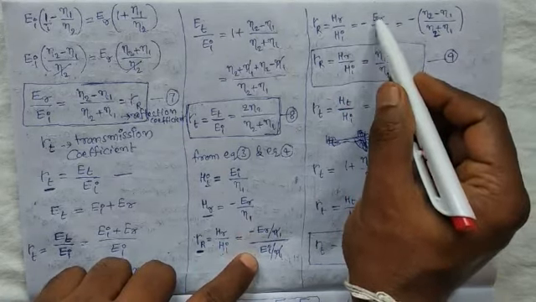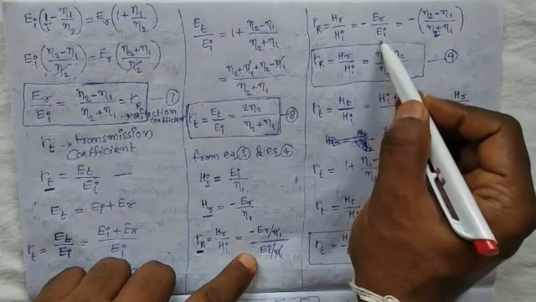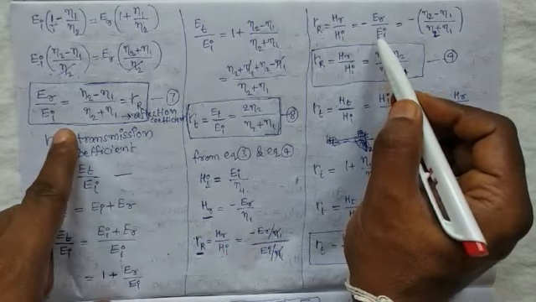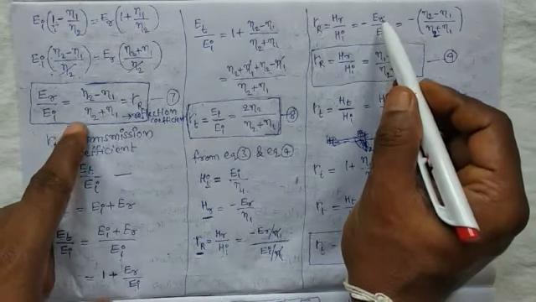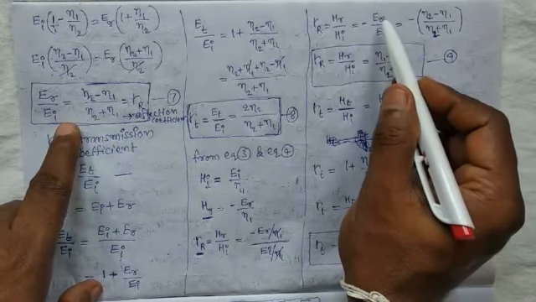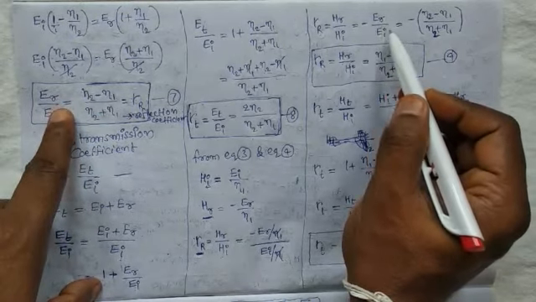Here ER by EI indicates the reflection coefficient in terms of electric field intensity. Already we have calculated it. We are substituting this value, observe equation 7, in this equation.